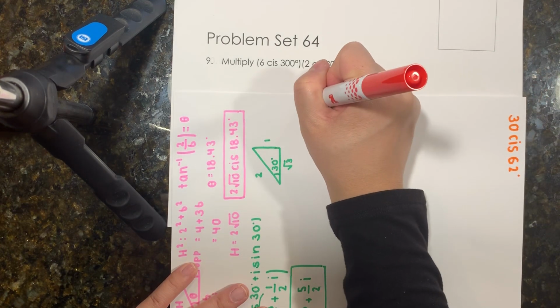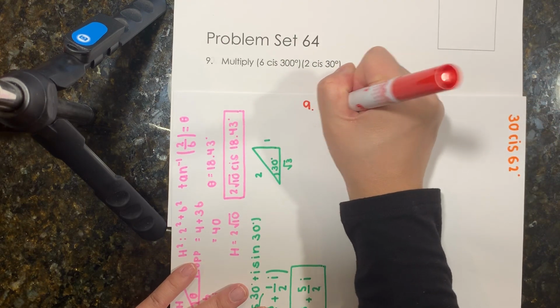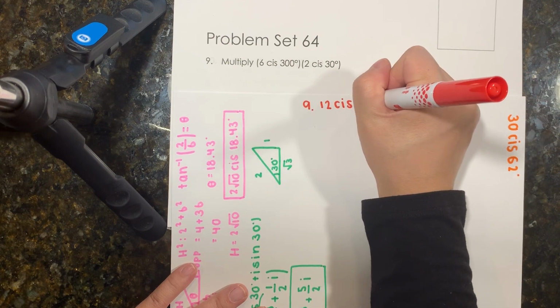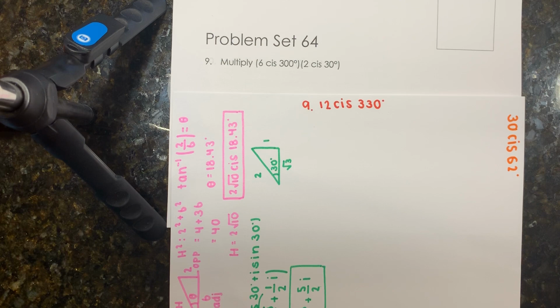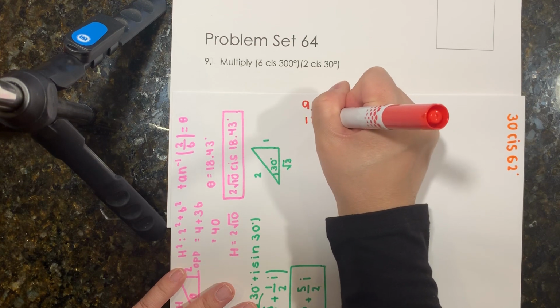So for number 9, I'm going to multiply the outside numbers, which would give me 12. And then CIS 300 plus 30 would be 330 degrees. And we are going to need to expand this to write this into rectangular form. So when you expand it, remember CIS stands for cosine plus i sine.